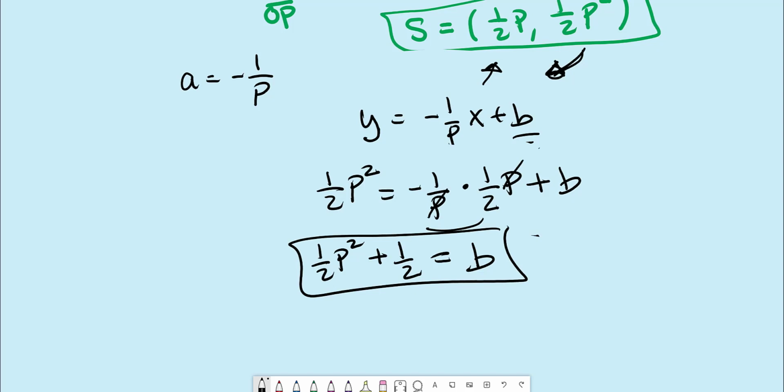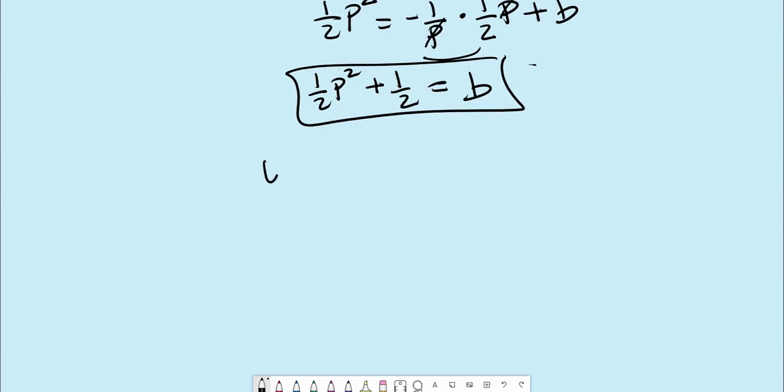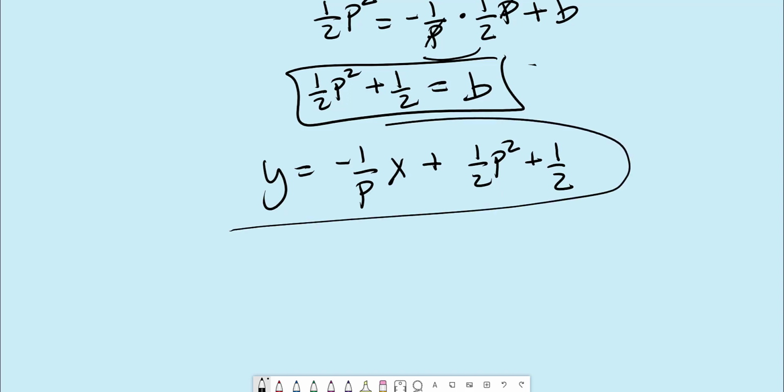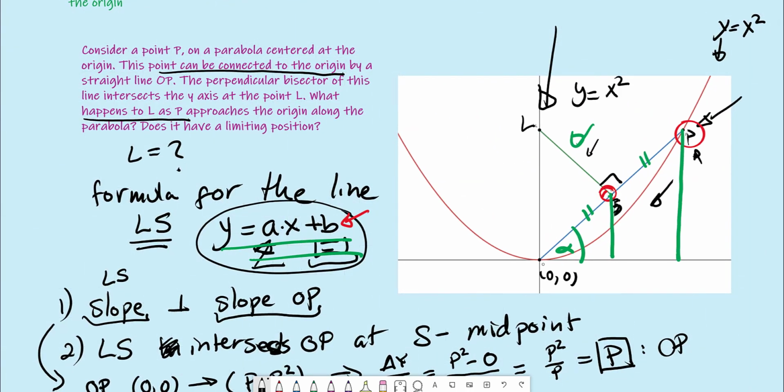Great. So now we can go back to our line and write it out as y equals our slope, minus 1 over p, x, plus half p squared plus half. So this is our formula for the line LS, from our original picture, this line right here.